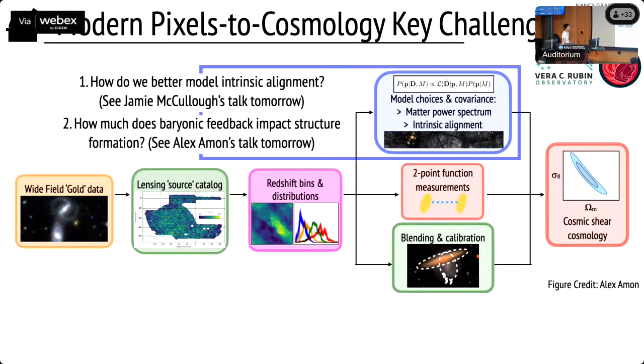On the theory side, our understanding of how baryonic feedback impacts matter clustering and how the intrinsic alignment signal contaminates the actual shear signal isn't there yet. And so we currently have to sacrifice our data and precision not to bias the cosmology.